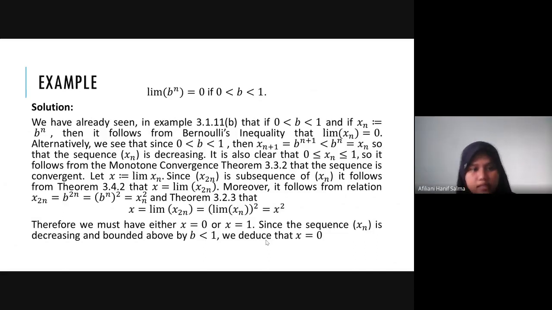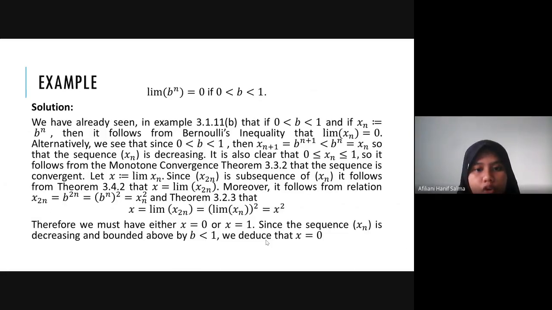Let x be defined by the limit of x_n. Since x_{n^2} is a subsequence of x_n, it follows from Theorem 3.4.2 that x is equal to the limit of x_{n^2}.